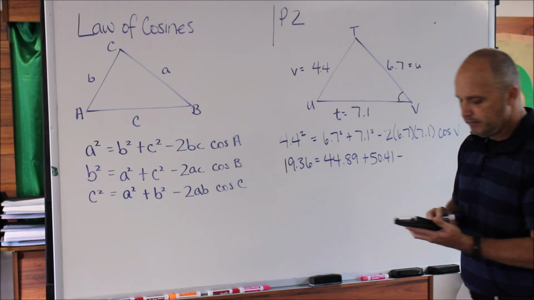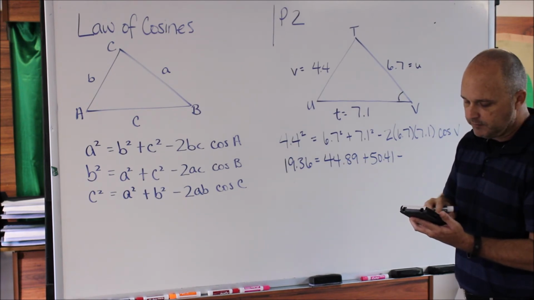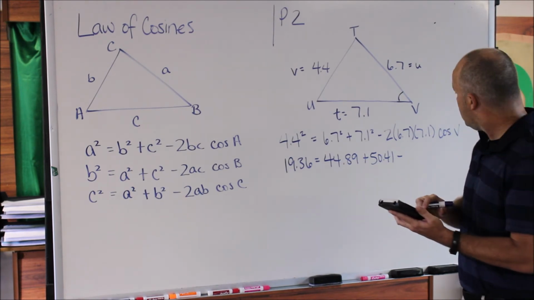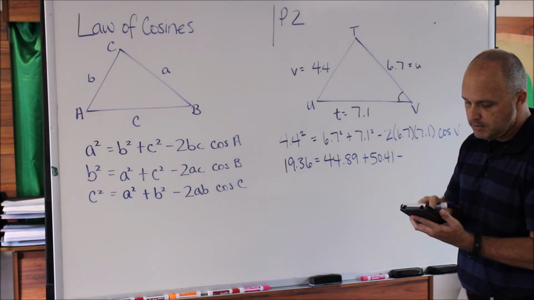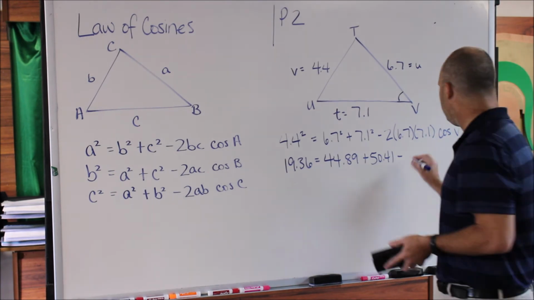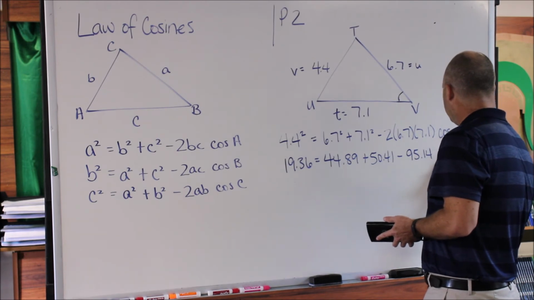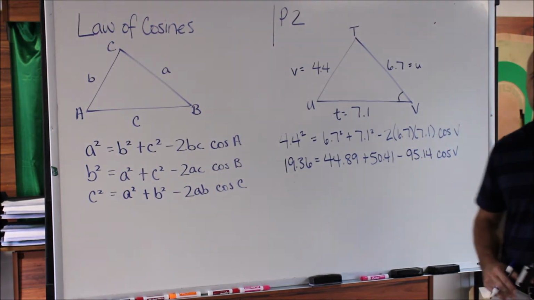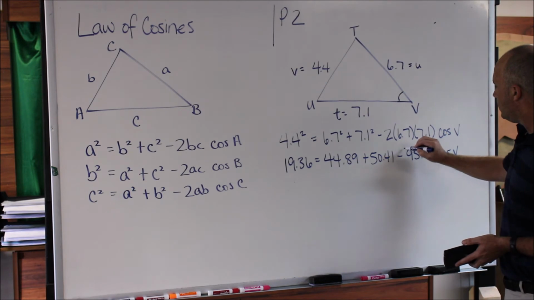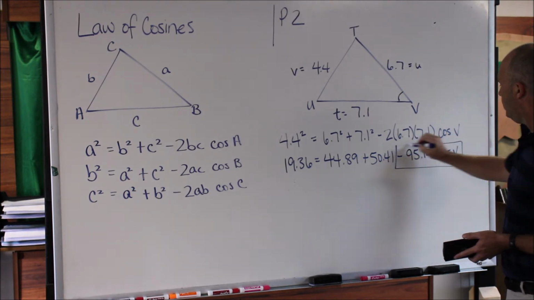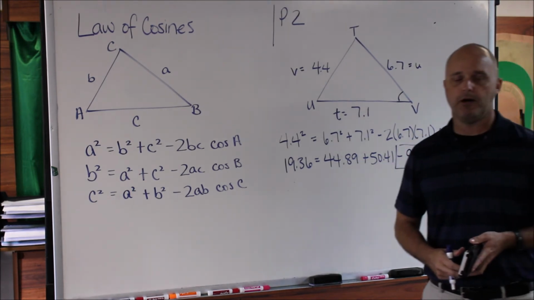Then minus 2 times 6.7 times 7.1, and that is going to be 95.14, being multiplied against the cosine of V. We can't do anything with that until later on in the problem.